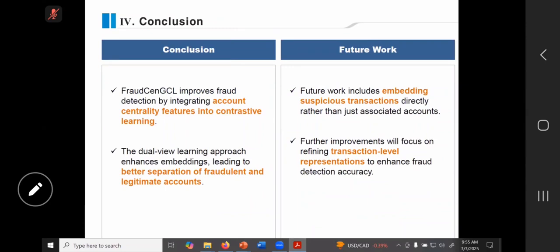Here is the conclusion. We concluded that FraudCenGCL improves fraud detection by integrating account centrality features into contrastive learning. The future work is that, as I introduced at the beginning of the speech, we'd like to work with Swift.